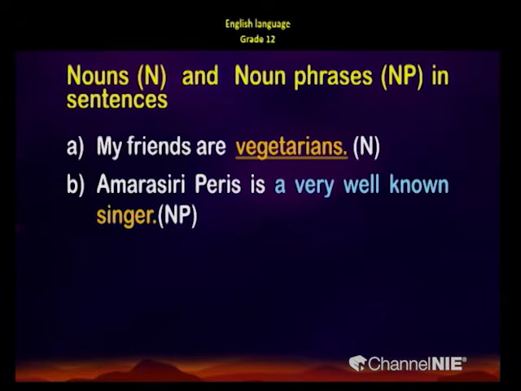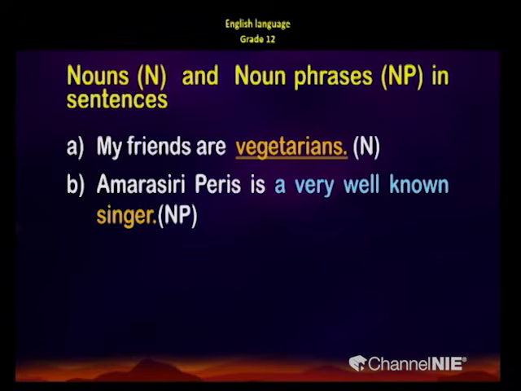Right. So the first one, my friends are vegetarians. The noun is vegetarians. The second one, the noun is singer. But to tell more about this singer, they have used some other words, so it becomes a noun phrase, and when the noun is alone, it becomes just a noun.